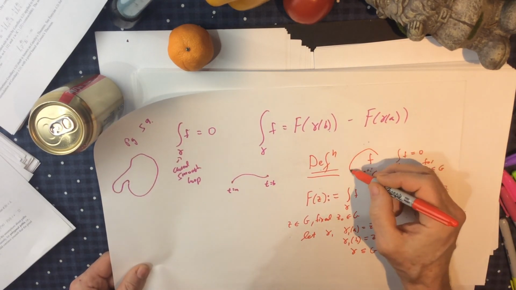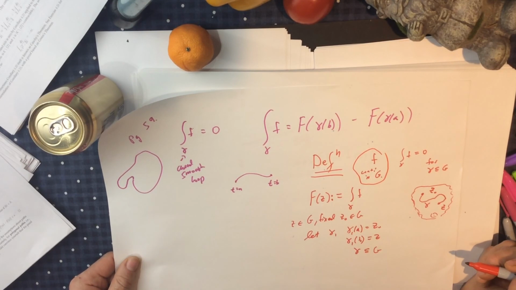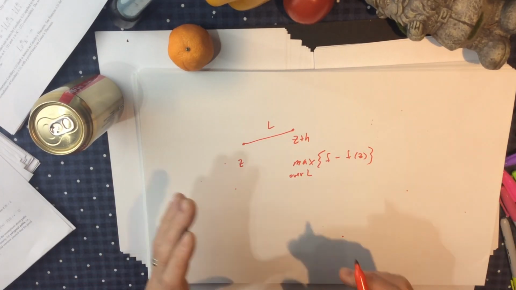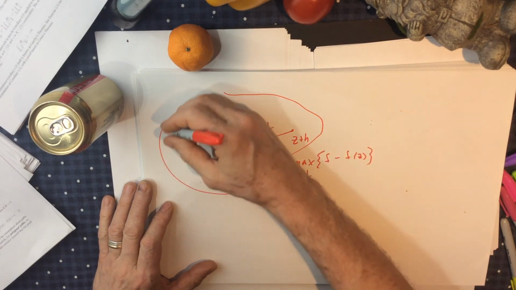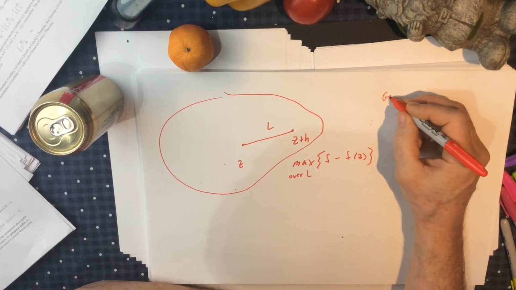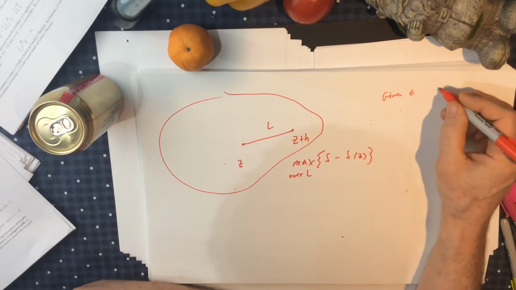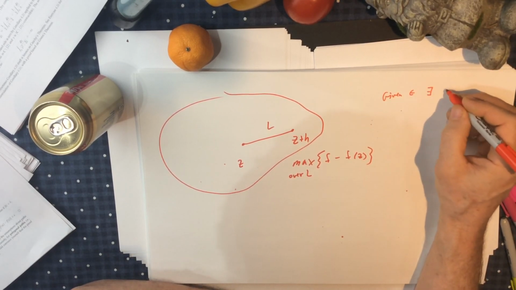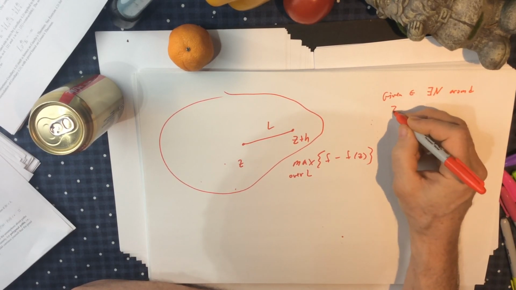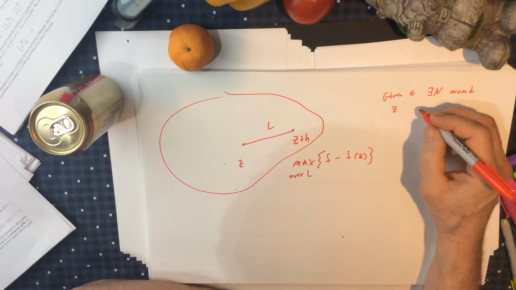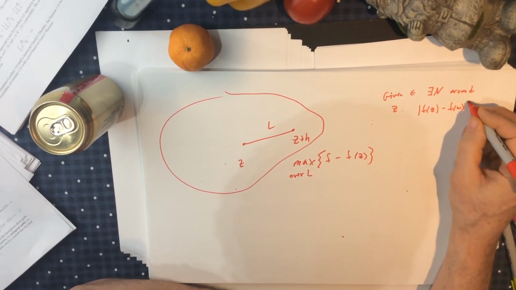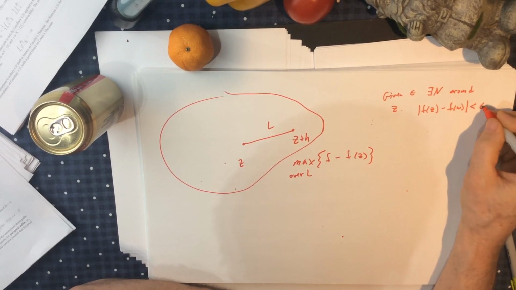We required f to be continuous in G. So what does it mean for a function to be continuous in a domain? Well, here's G, it's continuous. It means that given an epsilon, there exists a neighborhood around z where the function minus other values are bounded by epsilon.